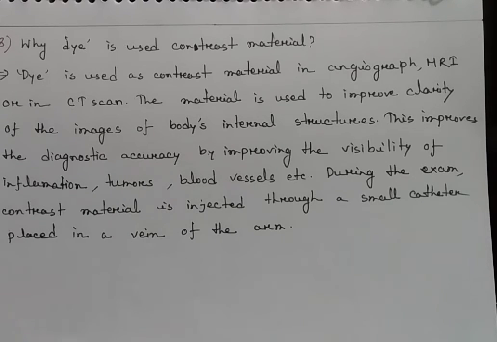This improves the diagnostic accuracy by improving the visibility of inflammation, any tumors, any blood vessels, or any obstruction to the flow of blood through a vessel, etc. This can be easily diagnosed by using dye.